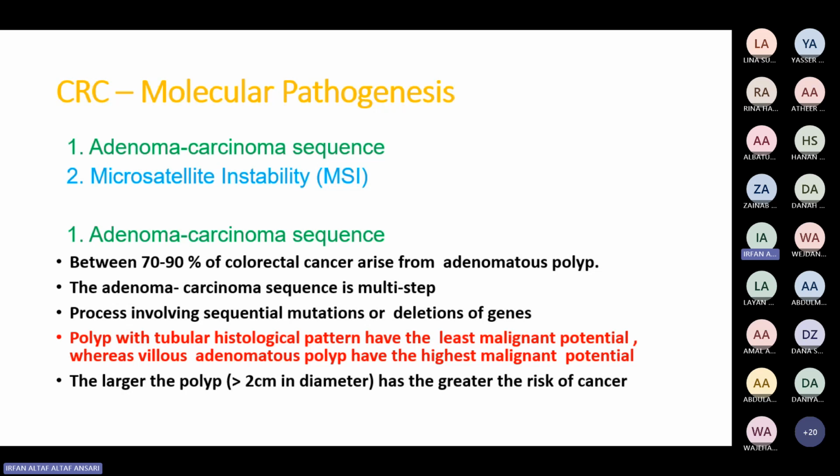But as we know, the size of the polyp is a very, very important criterion for developing malignancy. If a tumor is more than 2 centimeters in diameter, there is a greater risk of cancer. So a benign adenomatous polyp, with the help of the adenoma-carcinoma sequence or multi-step carcinogenesis, can turn into a malignant adenocarcinoma.